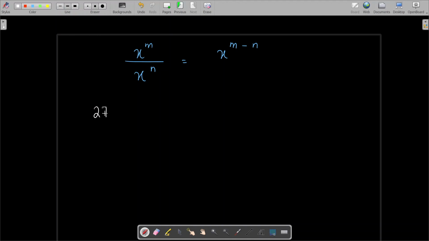Now you have 27 raised to 5 over 6 over 27 raised to 1 over 6. We're going to use this property. So this can be written as 27 raised to 5 over 6 minus 1 over 6, which is 27 raised to 5 minus 1 is 4 over 6. We can simplify it. 4 over 6 is 2 over 3.